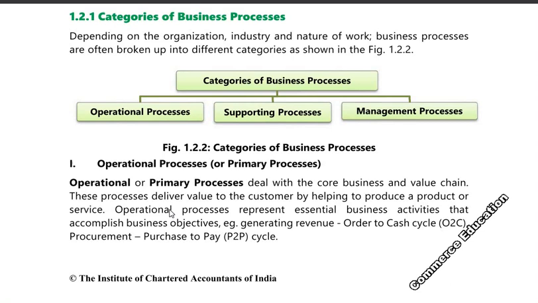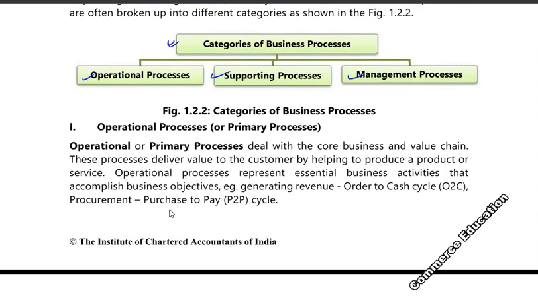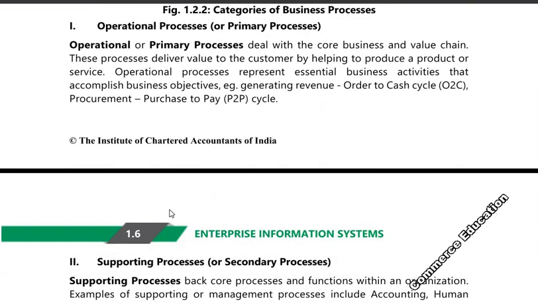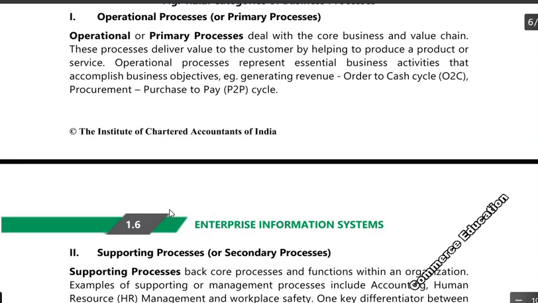Now, categories of business process. We have already discussed operational processes, supporting processes, management processes. Operational processes deal with core business and value chain, procure to pay or purchase to pay, and order to cash.